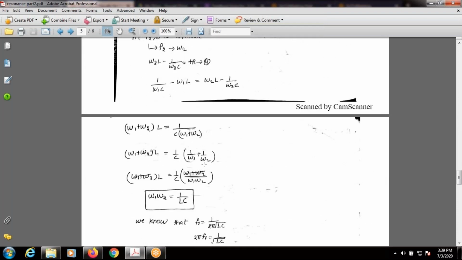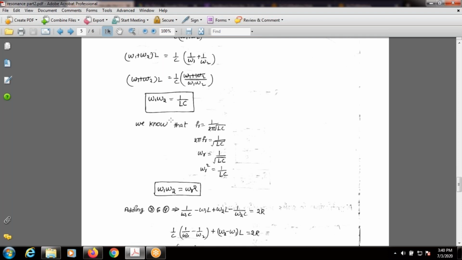Now simplify this one. Equate these two: 1 by omega 1 C minus omega 1 L is equal to omega 2 L minus 1 by omega 2 C. Then you will get an intermediate expression: omega 1 into omega 2 is equal to 1 by LC. Right? From the resonant frequency, we know that FR is equal to 1 by 2 pi root LC.